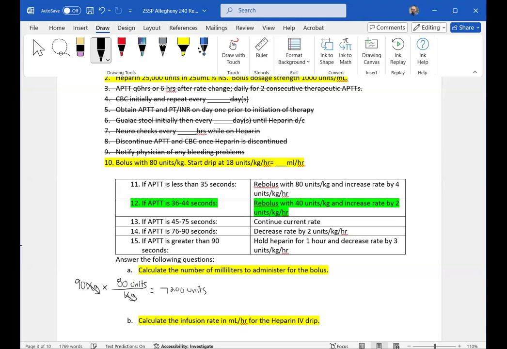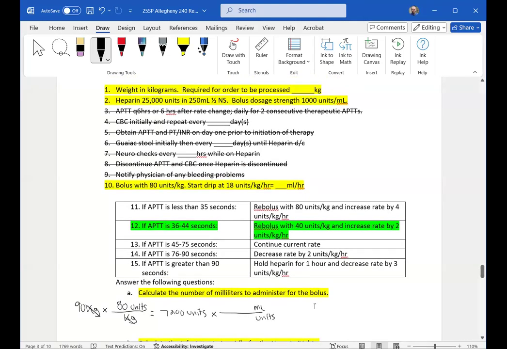And then I don't want units, I want milliliters. So I need to get rid of units and convert to milliliters. I'm going to use my bolus dose strength. As a reminder, you have two availables: your IV available, 25,000 units per 250 mL, and your bolus dose.